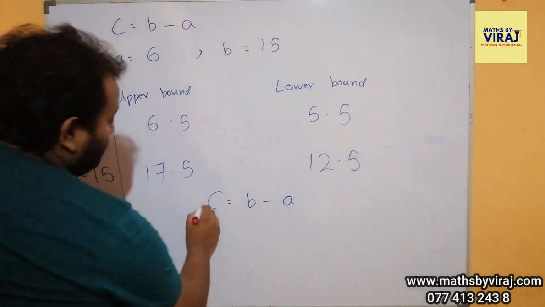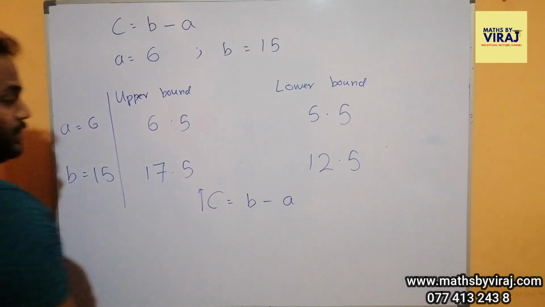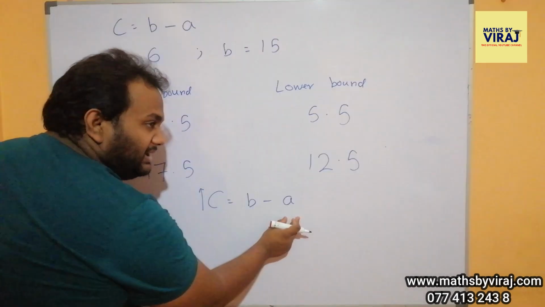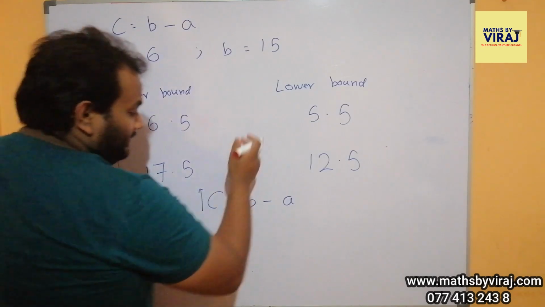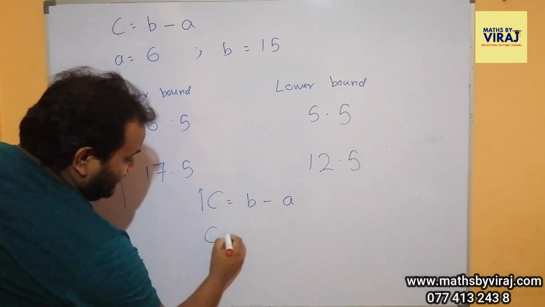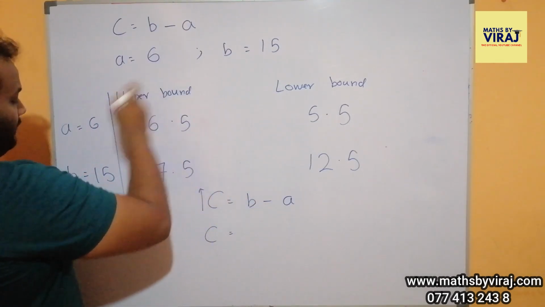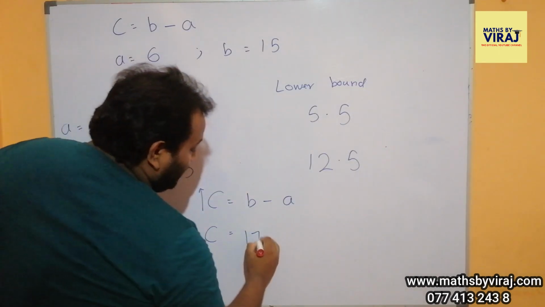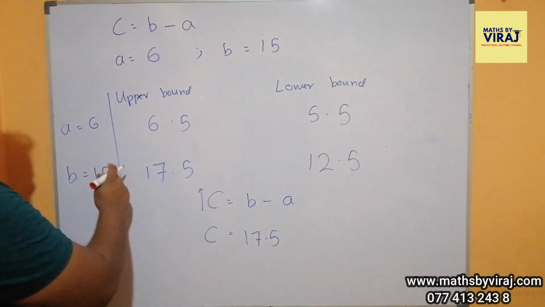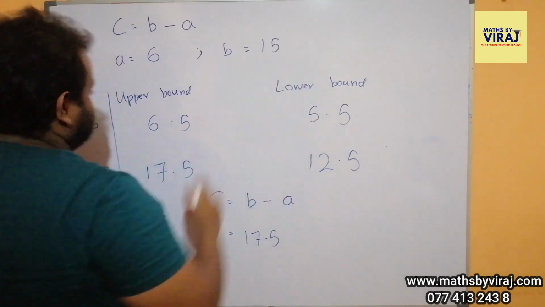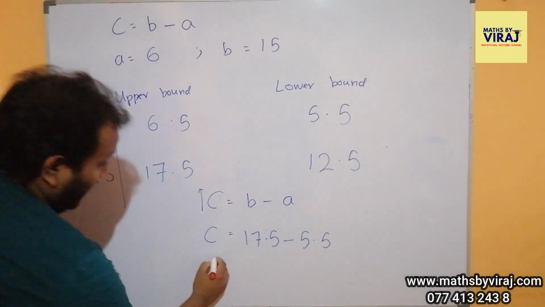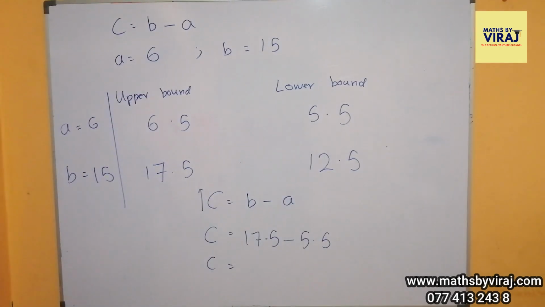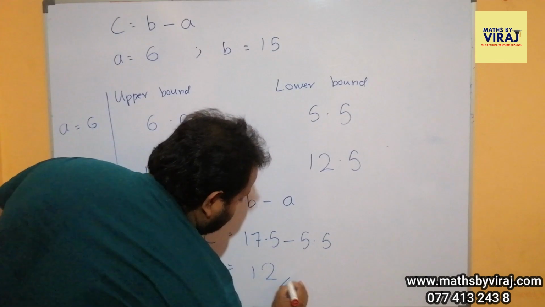So to get the upper bound of C, you should subtract the smallest possible value of A from the largest possible value of B. Therefore, C is equal to the upper bound of B, that is 17.5. From that we subtract the smallest possible value of A, which is 5.5. And the upper bound answer of C is 12.